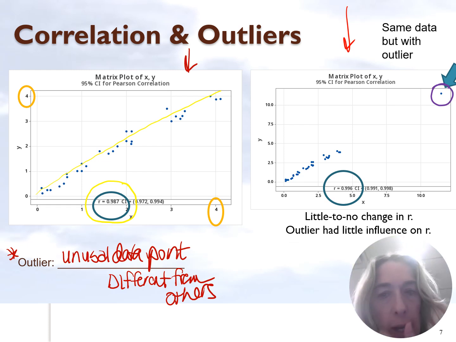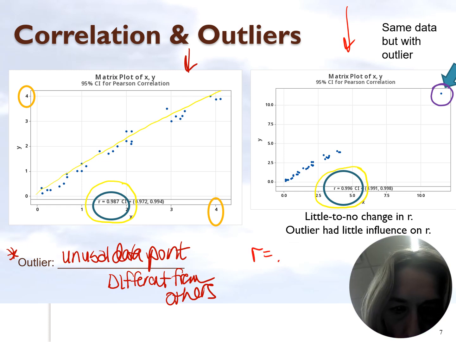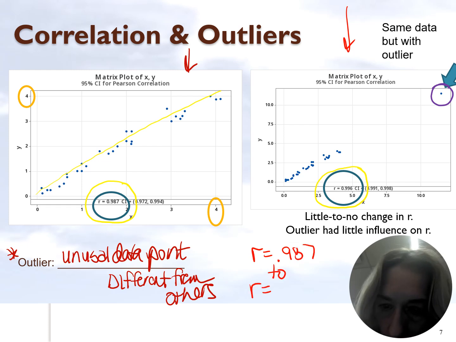Remember that an outlier is something that's different, so it sits far out. As you can see now, the new correlation coefficient calculated is 0.996. So with the addition of that outlier, the r value went from 0.987 to a new correlation coefficient of 0.996.